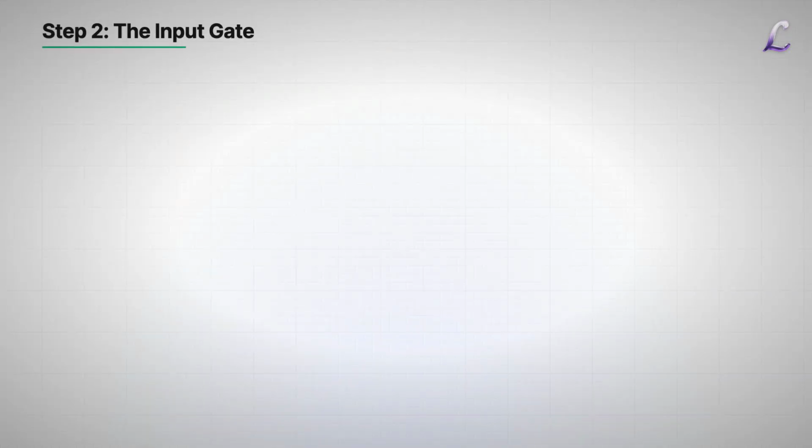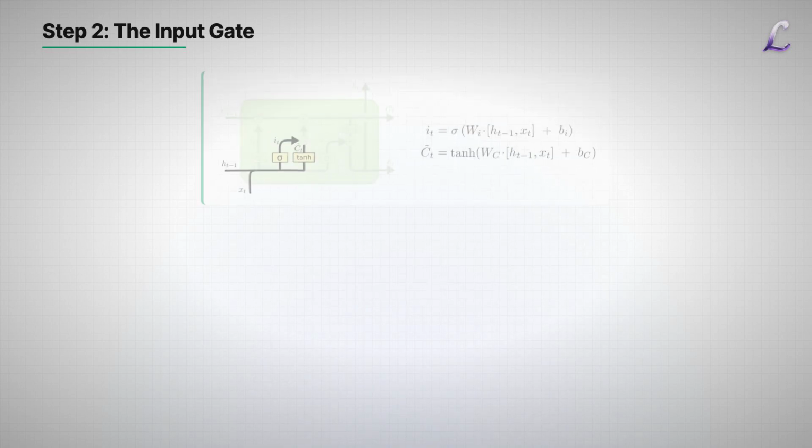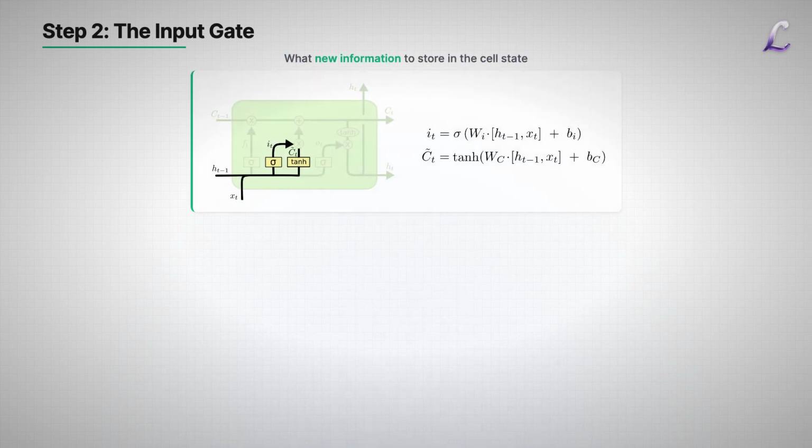The input gate determines what new information gets written into the cell state. It's a two-part computation. First, the input gate vector i_t, another sigmoid layer applied to the concatenated h_{t-1} and x_t. This produces values in 0 to 1, controlling which dimensions of the cell state receive updates.